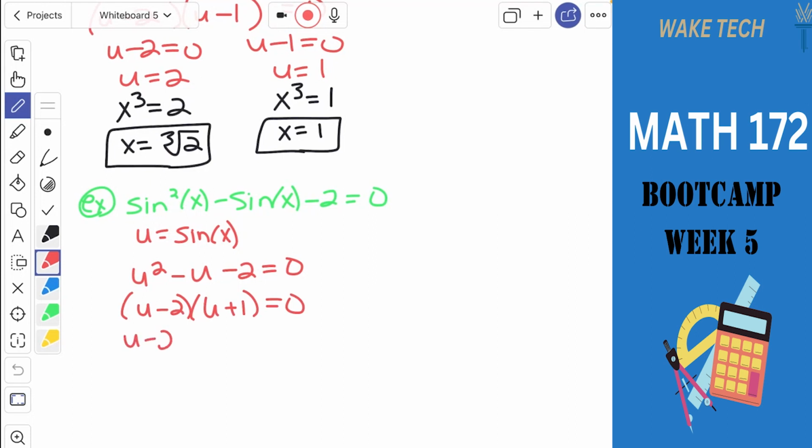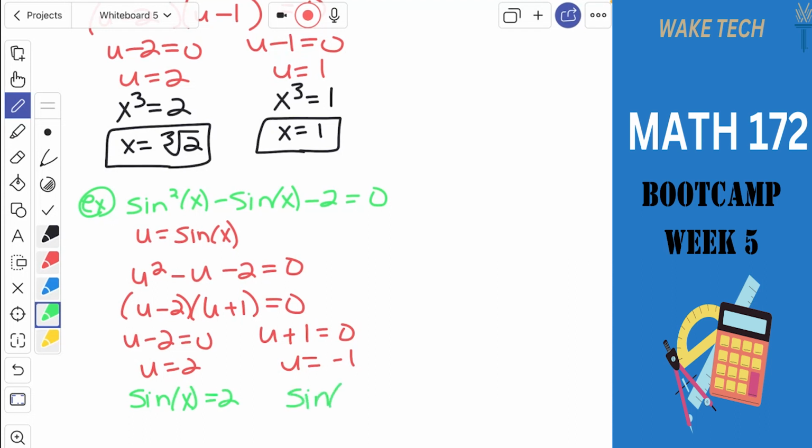Setting the factors equal to 0, we can solve for u. We would get u equals 2 and u equals negative 1. As always, if we use substitution, you do have to undo that, which in our case would mean sine x equals 2 and sine x equals negative 1.